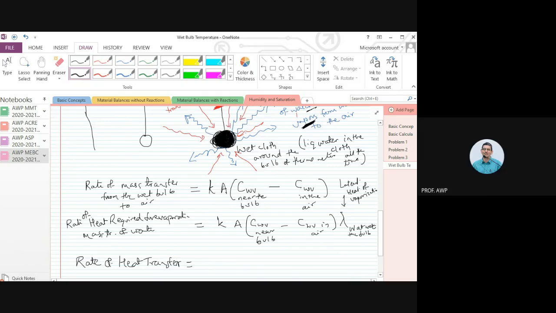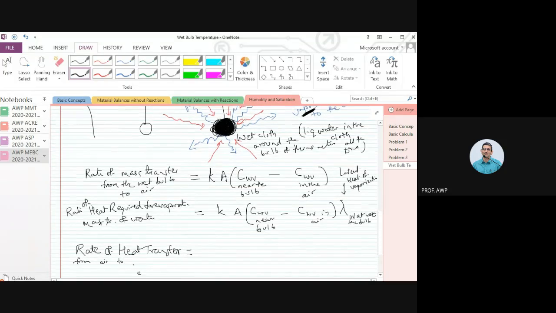What is the rate of heat transfer from air to the wet bulb? It will be H multiplied by area multiplied by temperature of air minus temperature of the wet bulb.